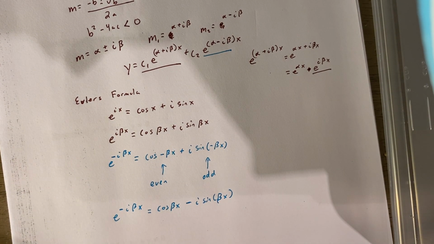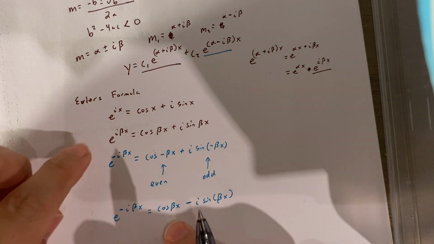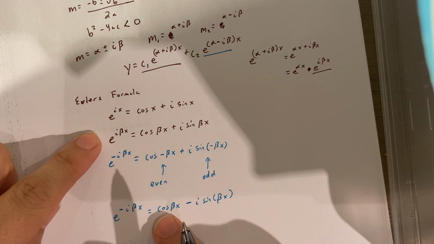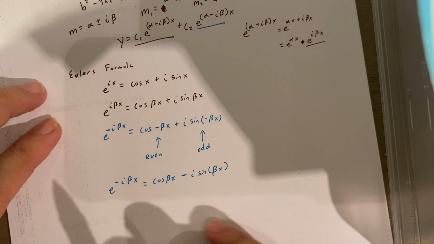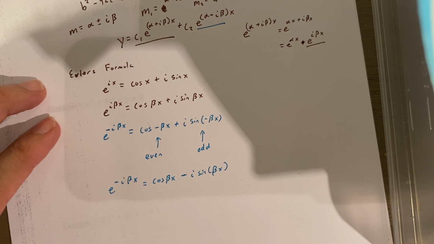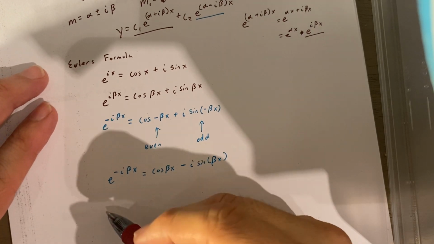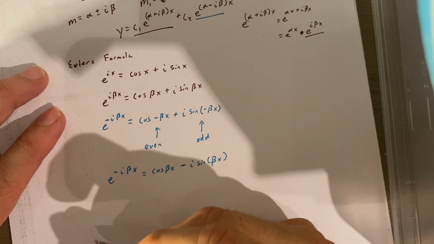Now, adding these two equations together and then subtracting the two equations, we get our solution for our differential equation with constant coefficients when we have complex roots.